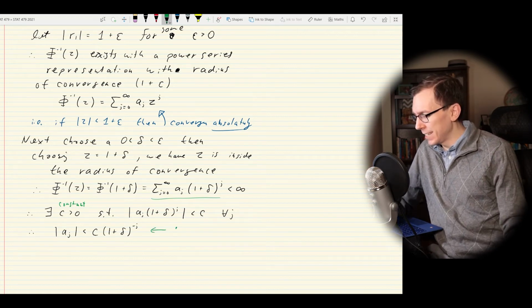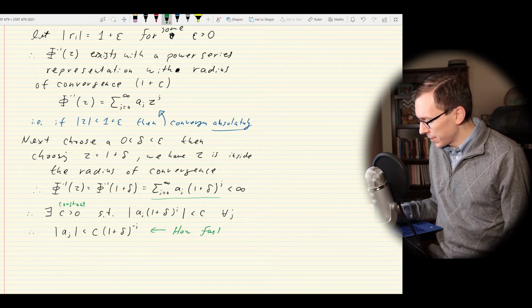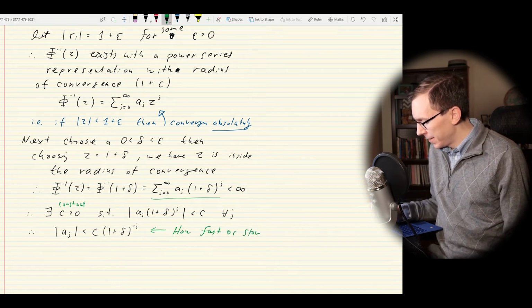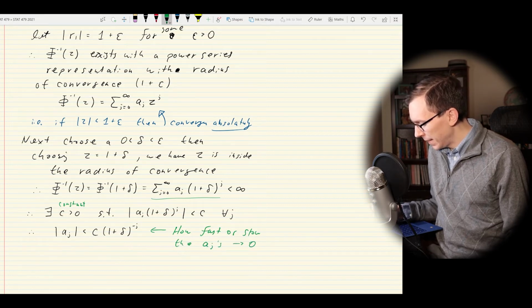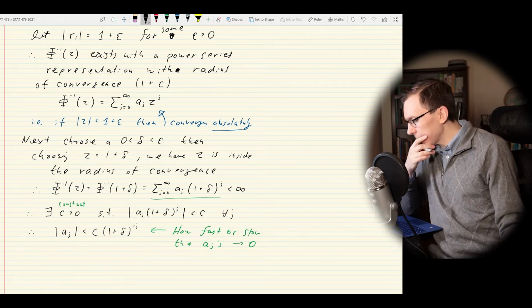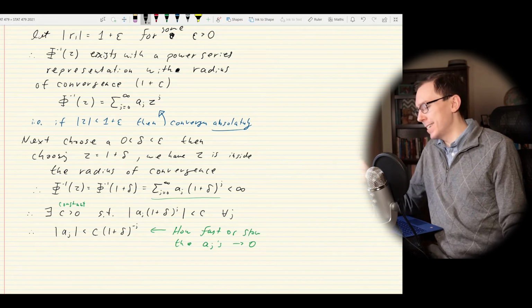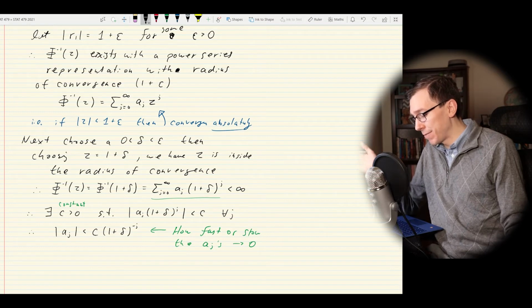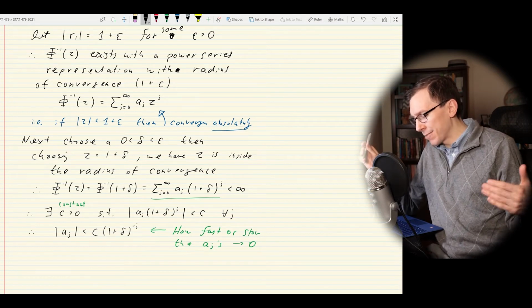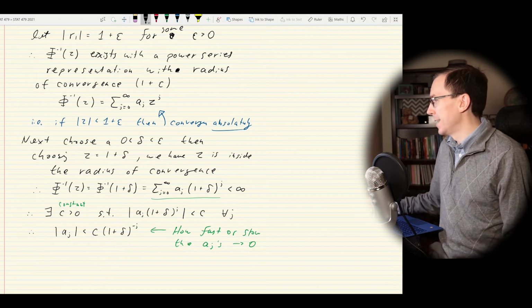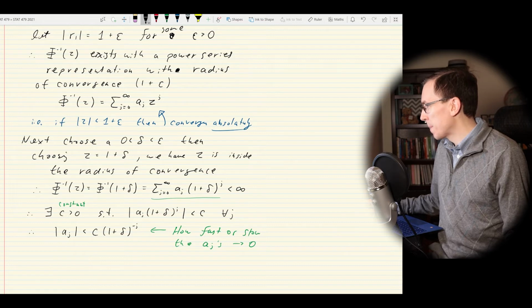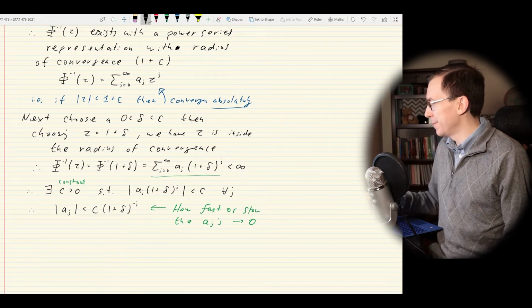So this is telling us just how fast or slow the aj's go to 0. That's what we're really doing here. Because this series sums up and has a finite sum, we know that the aj's have to go to 0 at least at a certain rate, because otherwise it wouldn't make sense. So what does this all mean?